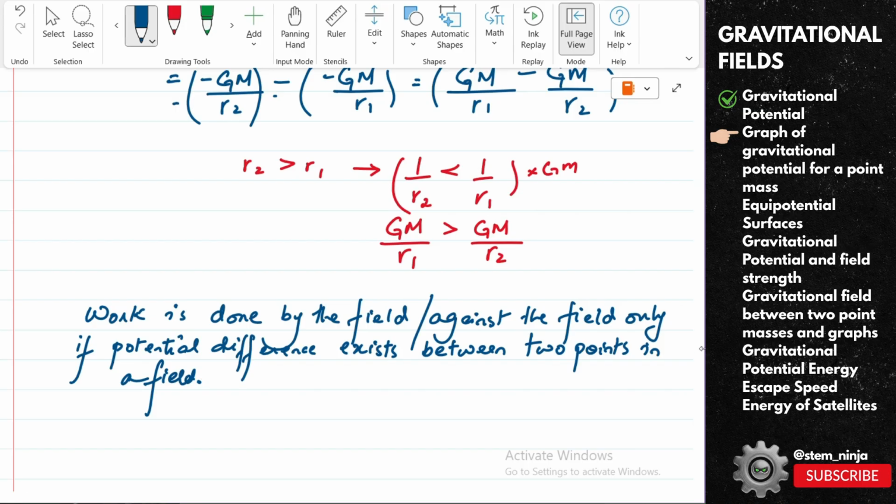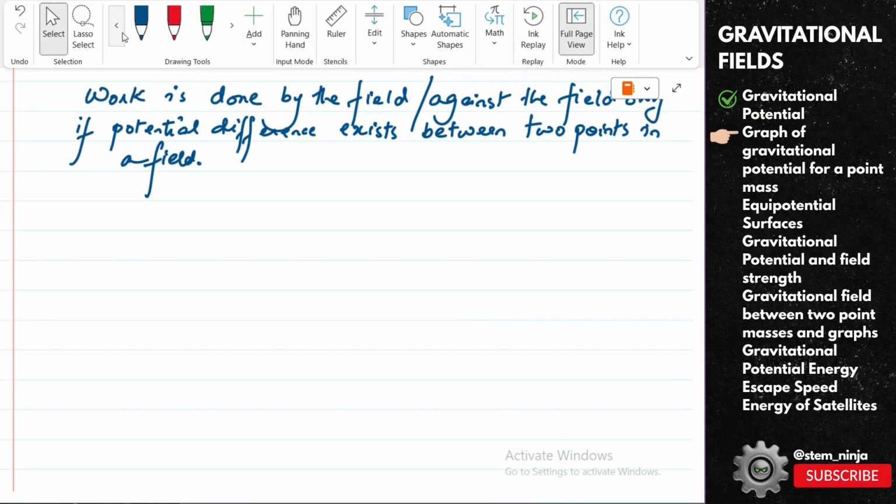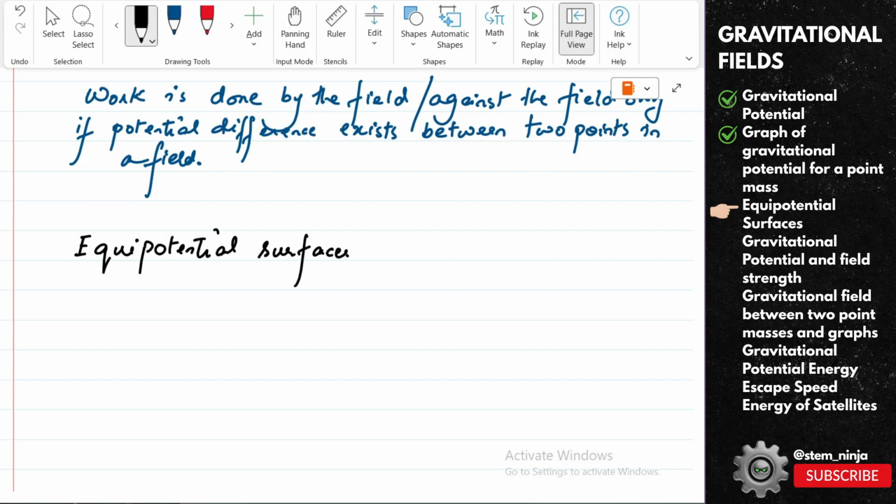And that brings us to the concept about the equipotential surfaces. So equipotential lines or surfaces, since the gravitational field is radial in all directions, 3 dimensions, so equipotential surface basically.